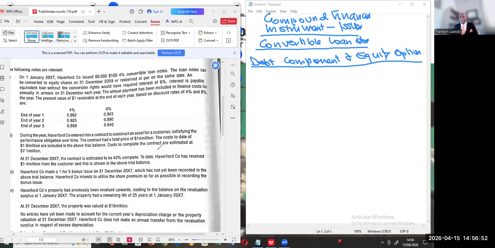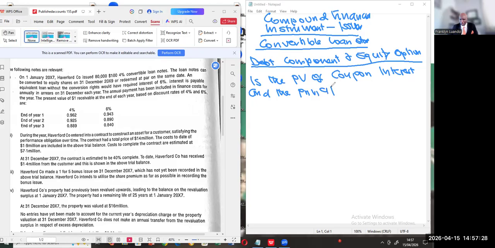First, you need to determine what is the debt component. Now, the debt component is the sum of the present value of coupon interest and the principal amount.